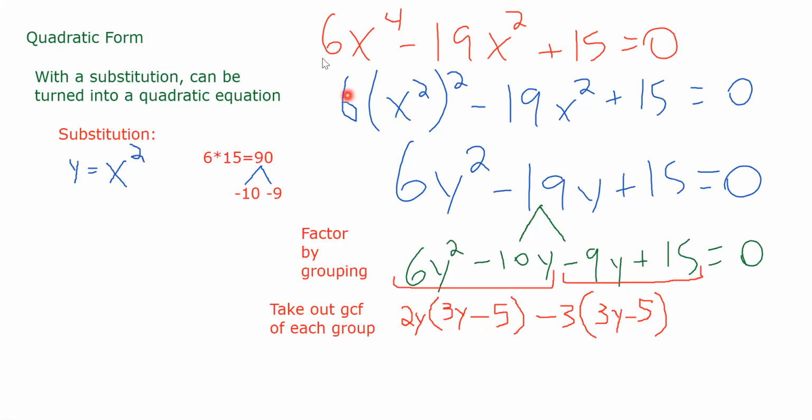So what we're going to do now is take 3y minus 5 out, and it's going to end up looking like this: (3y minus 5). And what's left is 2y minus 3.